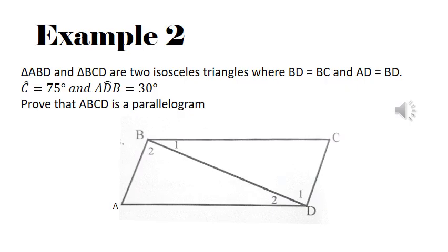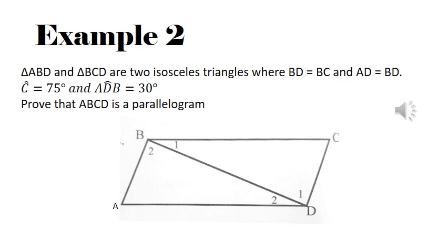Our second and last example that we're going to do for today actually comes from your textbook. So it's one of your homework questions which you are going to do together. You can see that you have got quadrilateral ABCD with a diagonal which splits up your diagram into two triangles. They tell you that triangle ABD and triangle BCD are two isosceles triangles.